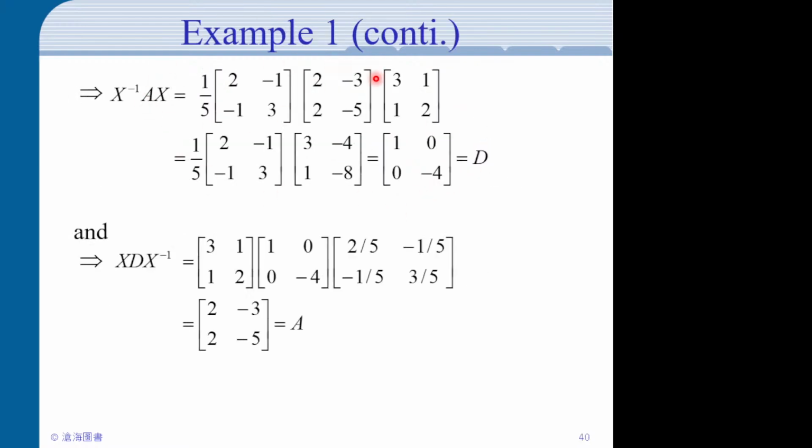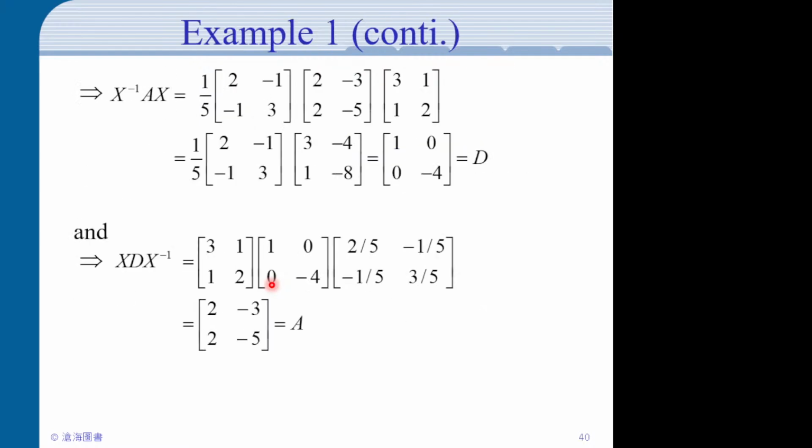And we skip all the matrix calculation here. This is just matrix multiplication that we know from chapter 1. And we can also check the reverse, so you can calculate X D X minus 1, and see that it actually turns back to A. Okay, so this is diagonalization.